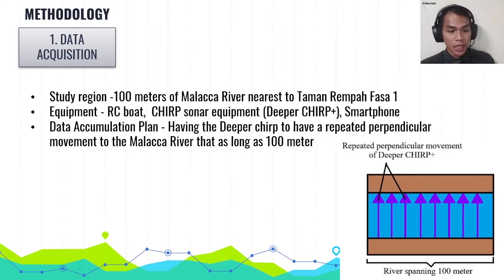The equipment that will be used is an RC boat, the Deeper Plus, and a smartphone. The Deeper Plus will be mounted on the RC boat so it can be controlled remotely, and the smartphone will be used to monitor the underwater structure during the scanning process.